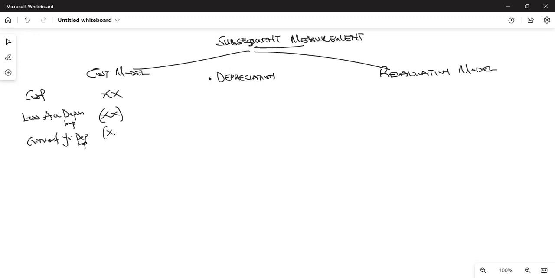Then you get what? Carrying amount. This is what we used to call net book value. It's called carrying amount. And this one now becomes your subsequent measurement. This value will go to the SOFP balance sheet, and this value will go to the P&L.